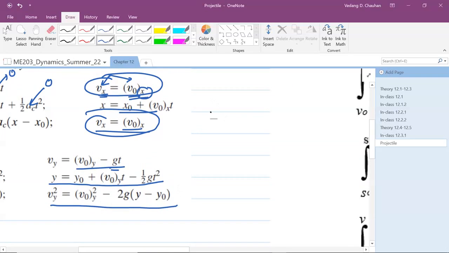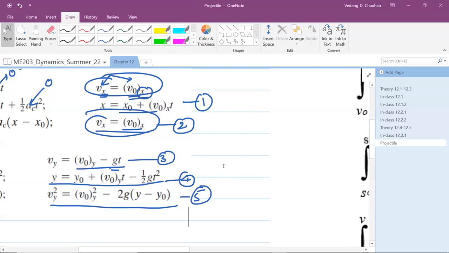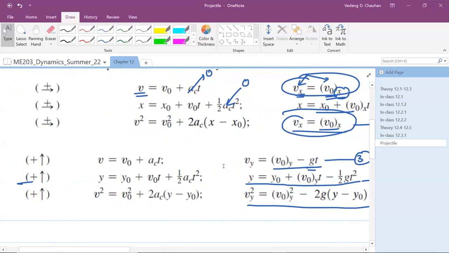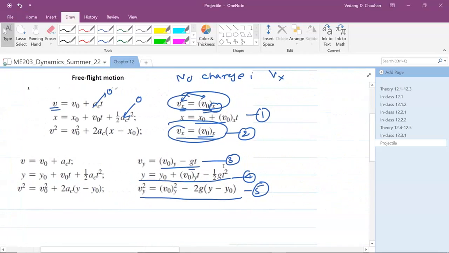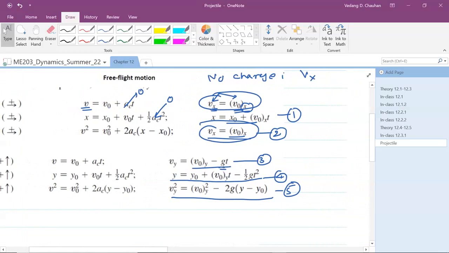Because the first two equations are the same here, we can number them equation 1, 2, 3, 4, and 5. So we have 5 equations for projectile motion: 2 for the x component and 3 for the y component.